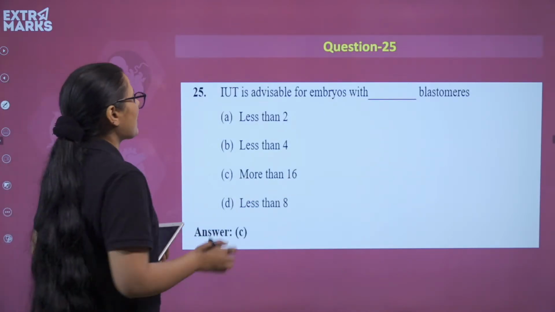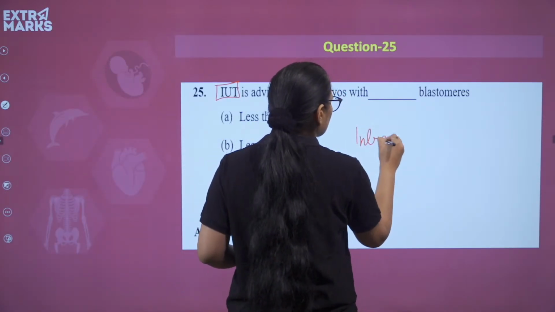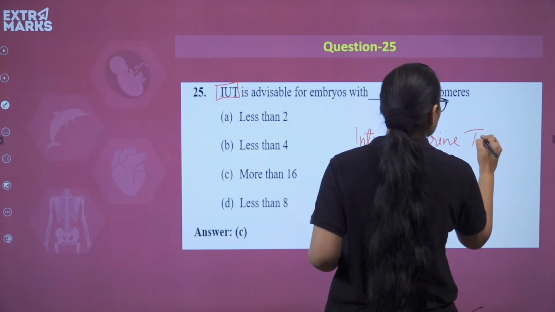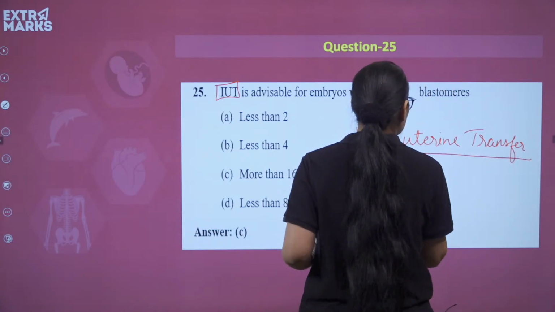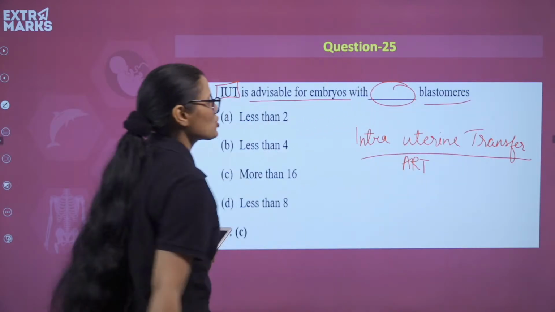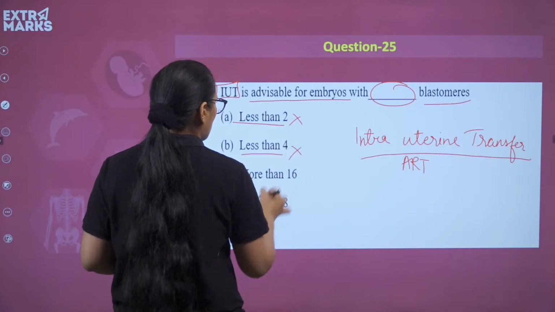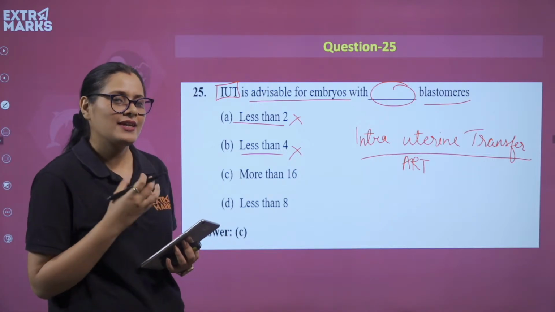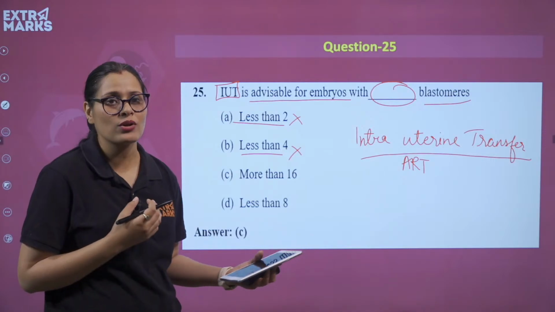Question number 25 says IUT, which is intrauterine transfer. It's an ART technique which is advisable for embryo with dash blastomeres. So first option is less than 2, less than 4. They are incorrect because if we are transferring the embryo up into the uterus, it has to be more than 16 blastomeres.